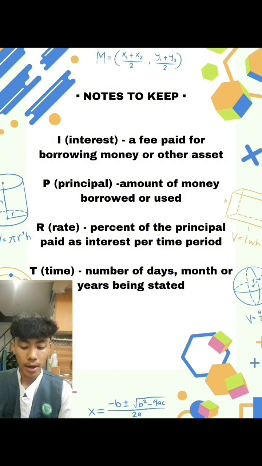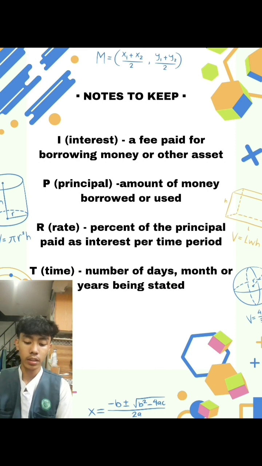Principal is the amount of money being used or borrowed. R stands for rate. Rate is the percent of the principal paid as interest per time period. And T stands for time, the number of days, months, or years being stated.